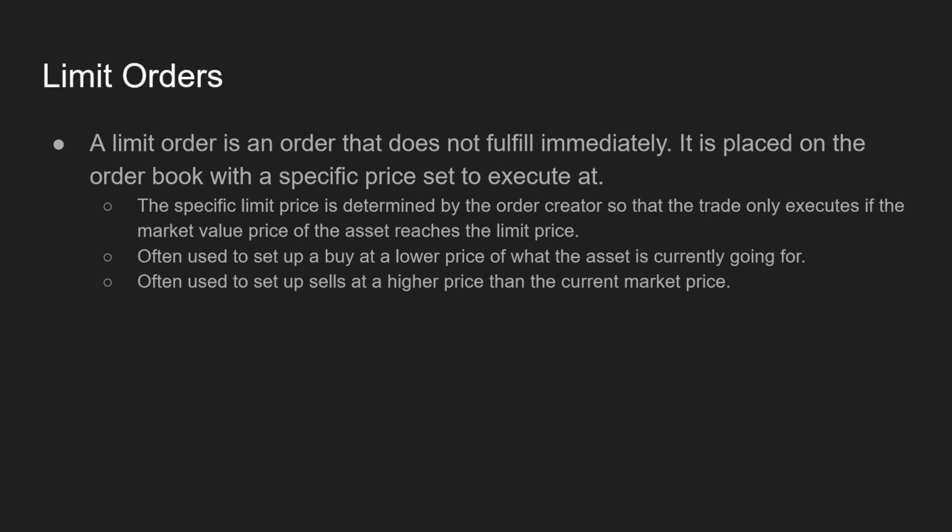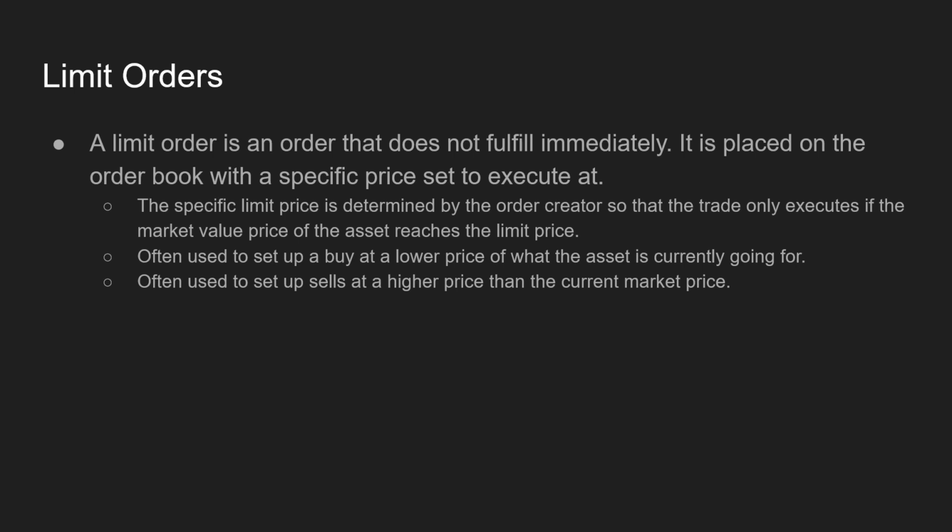So let's say Bitcoin is currently trading at $41,000 per Bitcoin. If you happen to think that, yeah, I want to buy in, but you think it's going to go lower in the near future, or you don't necessarily want to buy at 41, maybe you want to buy it at 37K.